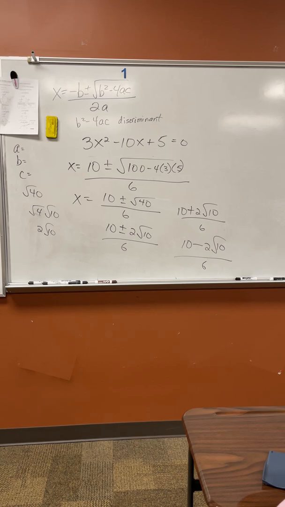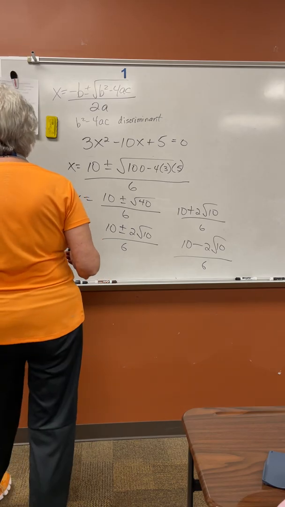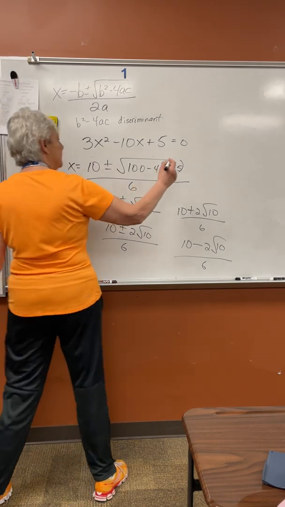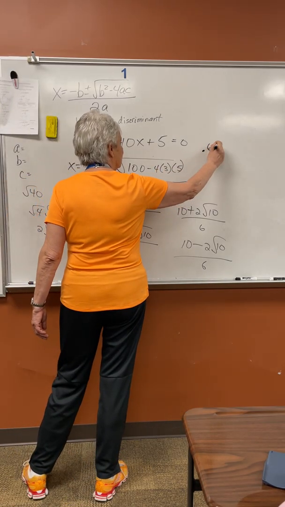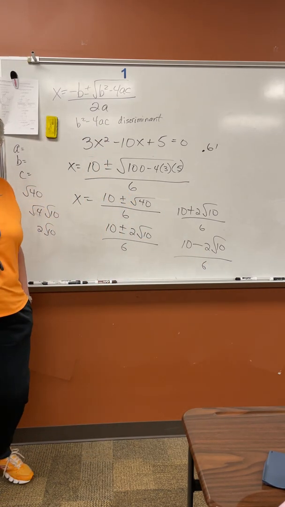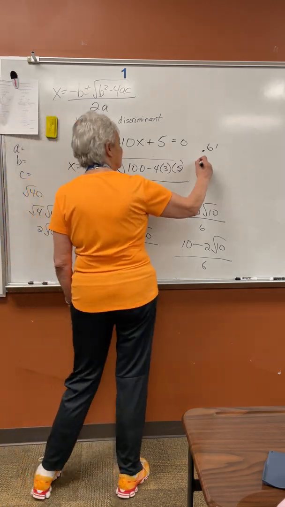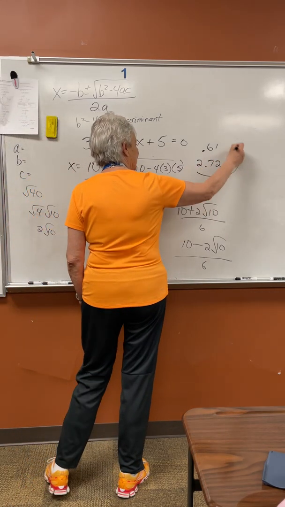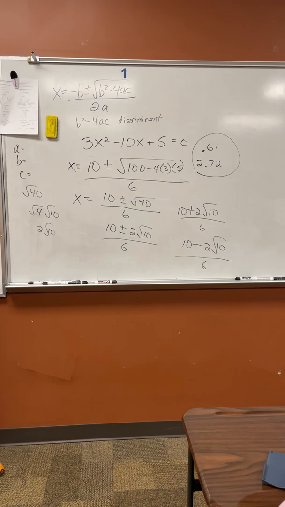You got one of them? Caleb, what? 6.61 is one of them. What's the other one? 2.72. Let's make sure everybody can get those, and let's help each other with the calculators if you can't.